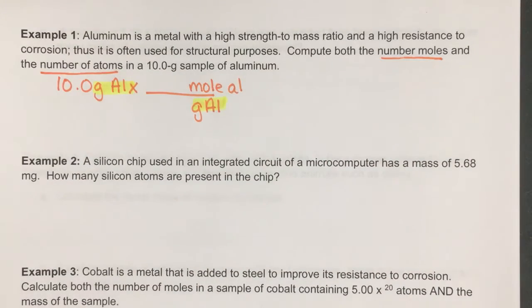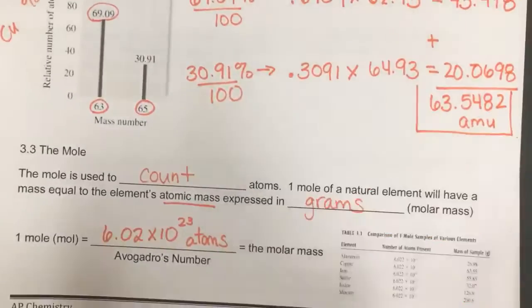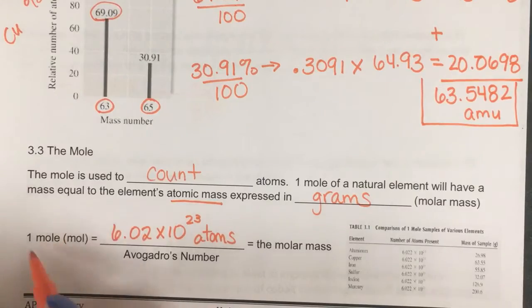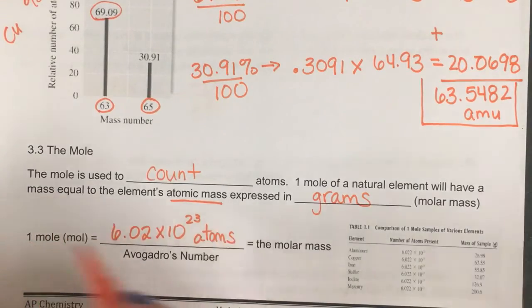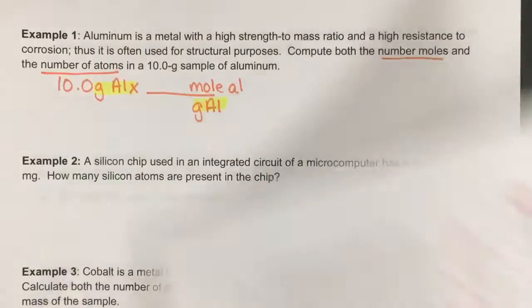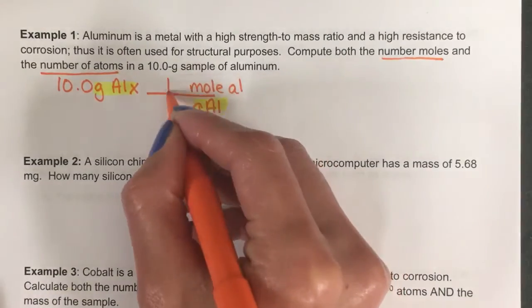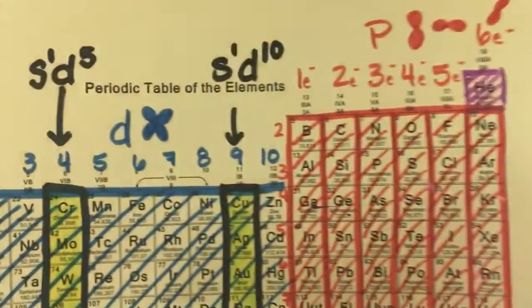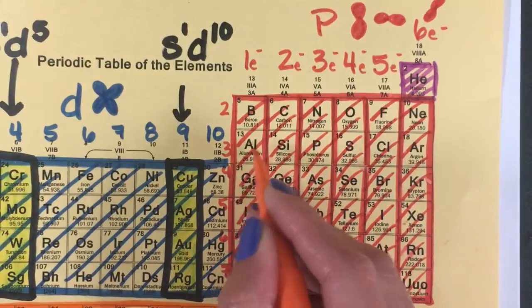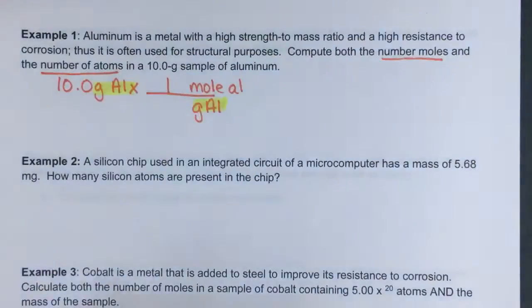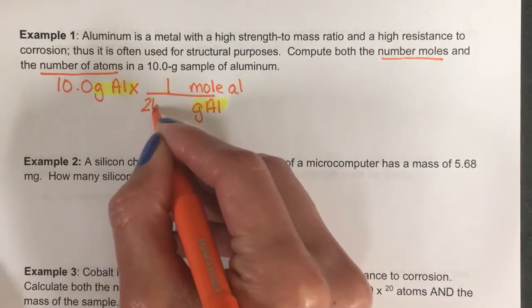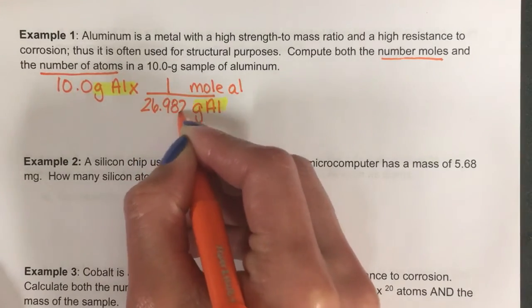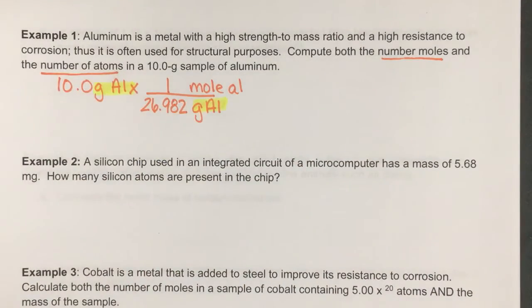Okay? So if I look at my table, I know that 1 mole is equal to the molar mass. So I'm going to put 1 mole. To find my molar mass of aluminum, I look at the periodic table, the big number, 26.982. And those are my grams.